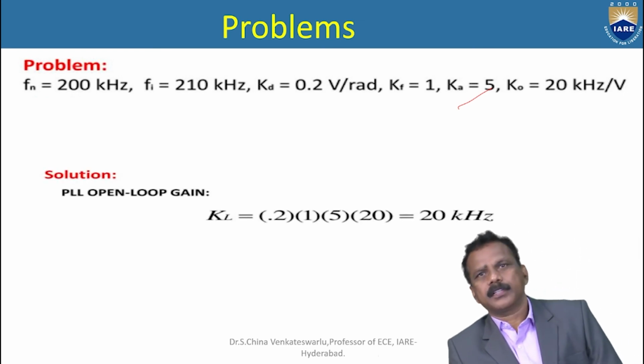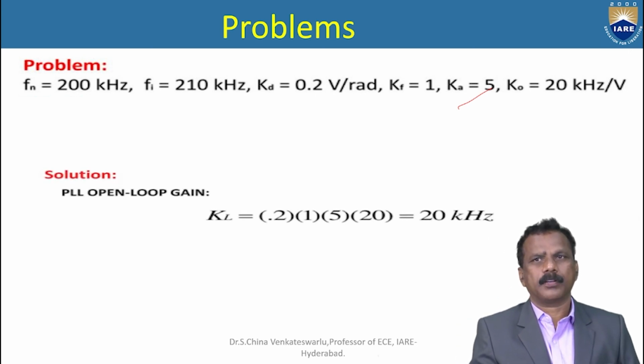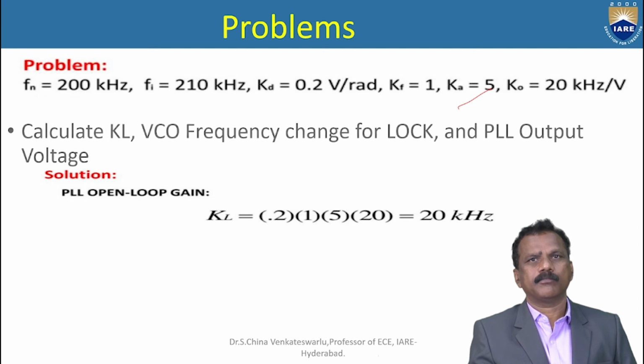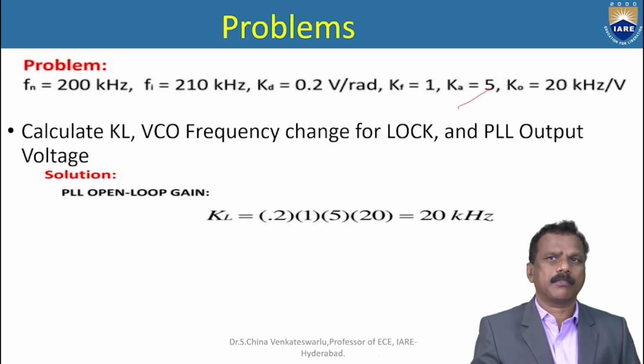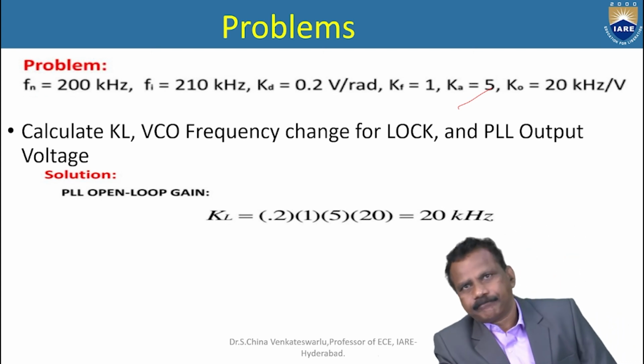Now we are calculating, considering open loop. We want to calculate the KL and the VCO frequency range for lock, and the phase lock loop output voltage, with the help of the given specification. So we are calculating the open loop gain.